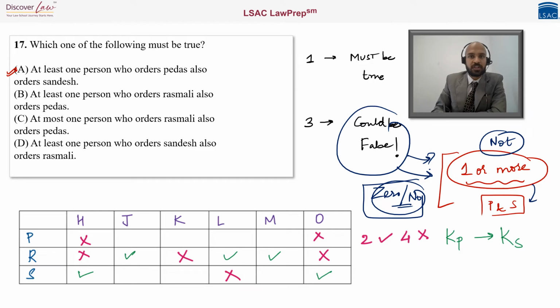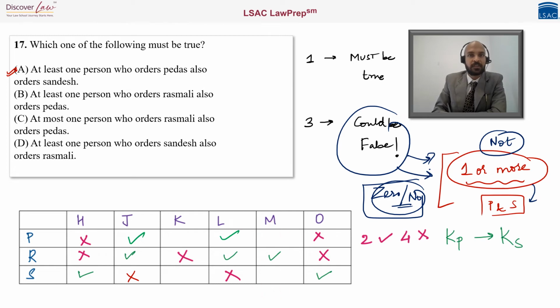Let me make J buy P. So here you have P, and let's say you put another P maybe here. Of course you can have only two P's at the most in this line, because four have to be blank. And now I cross out the sandesh here, and the sandesh is already crossed out here and here.